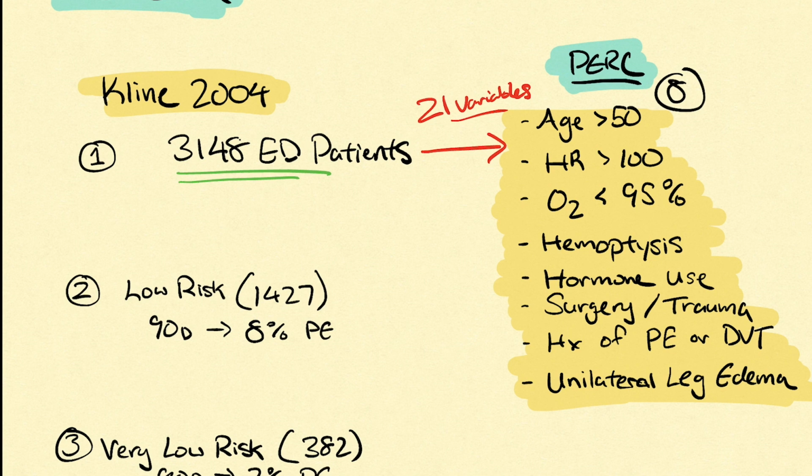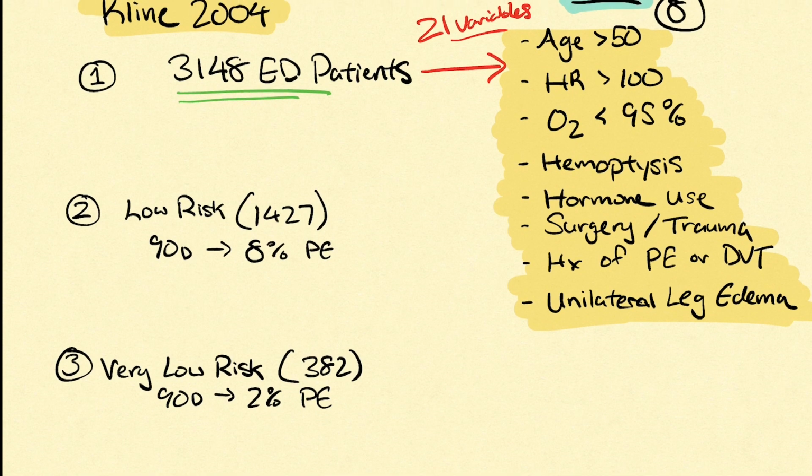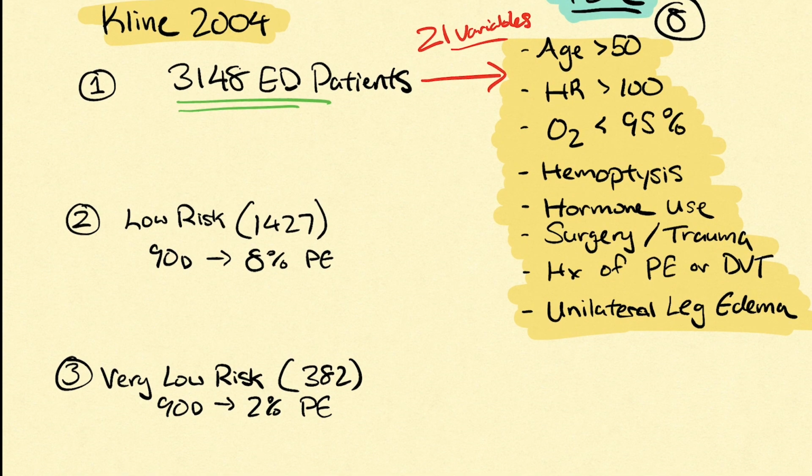So the idea was if you had none of these, you probably were really, really low risk of having a PE to start with. All right, so after they derived this PERC criteria, they wanted to initially test it out on 2 groups. So the first group was a group of ED patients that the clinician thought were low risk for PE, right?